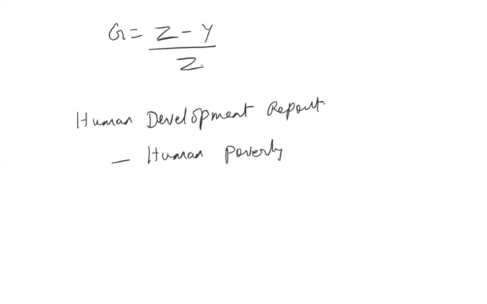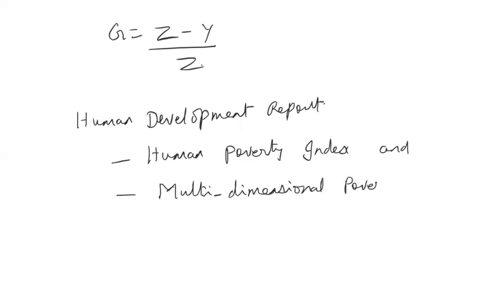We already discussed, isn't it? Human Poverty Index, and another one, the multi-dimensional poverty index. So these are all the other poverty indexes that are helping to find out the extent of poverty in a country.